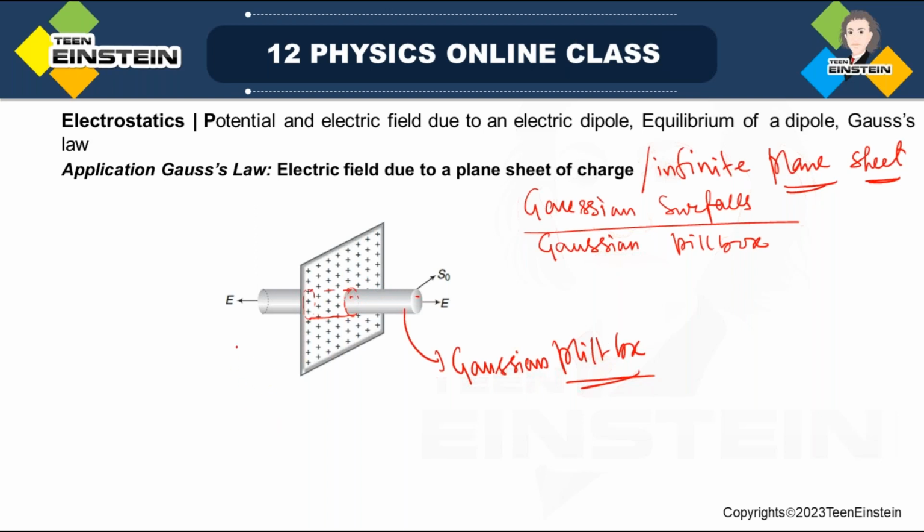In this case, the surface charge density is sigma, which is the distribution of charge in a plane.